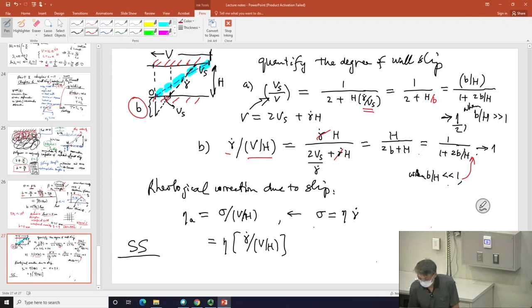But this expression is what I already worked out for you here in B. So you'll find you are underestimating your viscosity by 1 over 1 plus 2B over H. In other words, it's smaller than the real viscosity that you intend to measure.